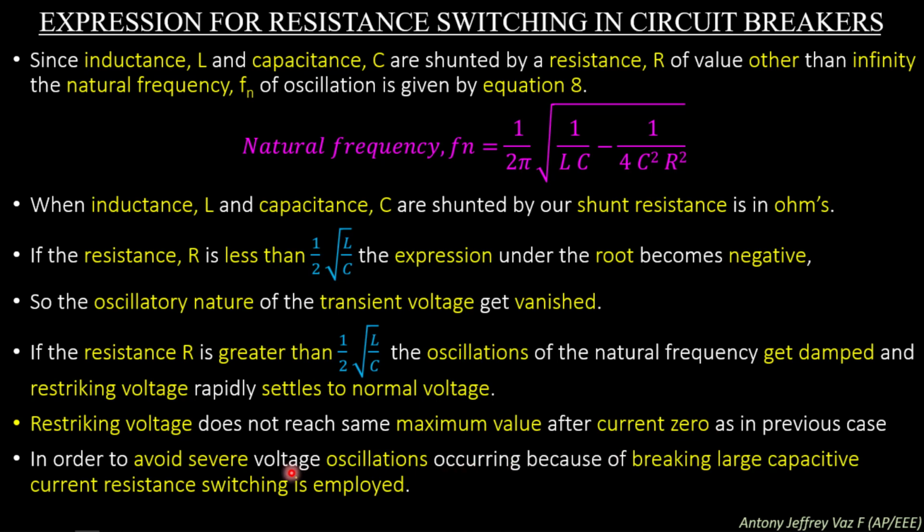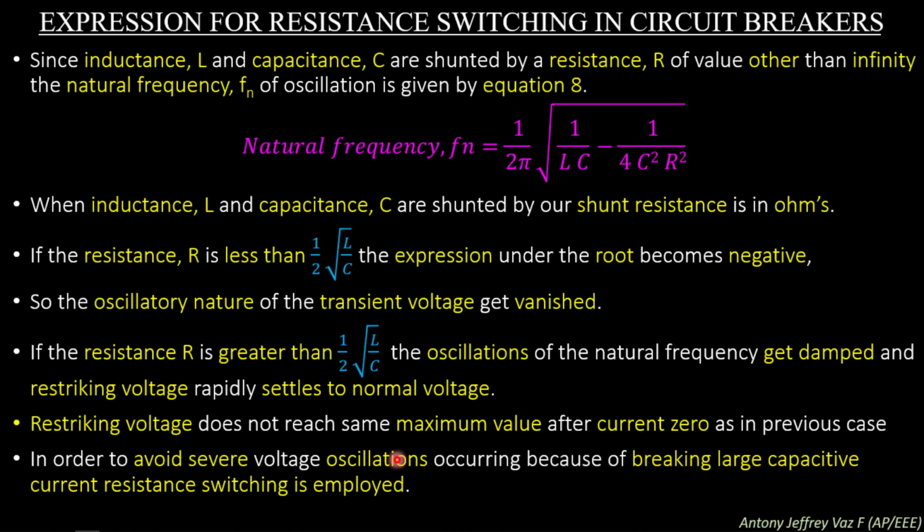In order to avoid severe voltage oscillations occurring because of breaking large capacitive current, resistance switching is employed. In practice, all circuit breakers used in power systems have resistance switching as a predominant feature. So by using or calculating the correct resistance, we can avoid the oscillation and the transient frequency, the rate of rise of recovery voltage and the restriking voltage and the circuit breaker rupturing capacity.